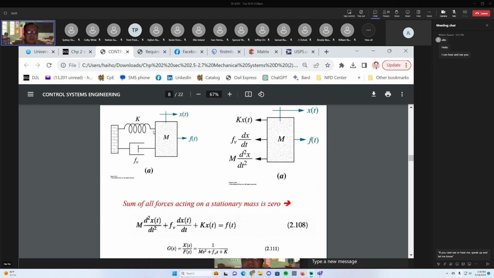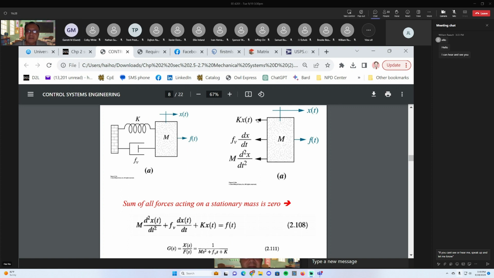When you look at this picture and see the spring is stretched, you can intuitively see that the force acting on the mass would be the spring trying to pull the mass back toward its equilibrium position. So the mass experiences the force kx(t) toward the left direction.